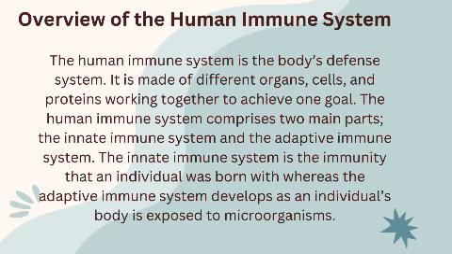This immune system becomes activated when an individual is born. The adaptive immune system is responsible for making antibodies that are designed to fight specific pathogens while protecting the body against them. These antibodies are developed by cells called B lymphocytes after the body has been exposed to a pathogen.